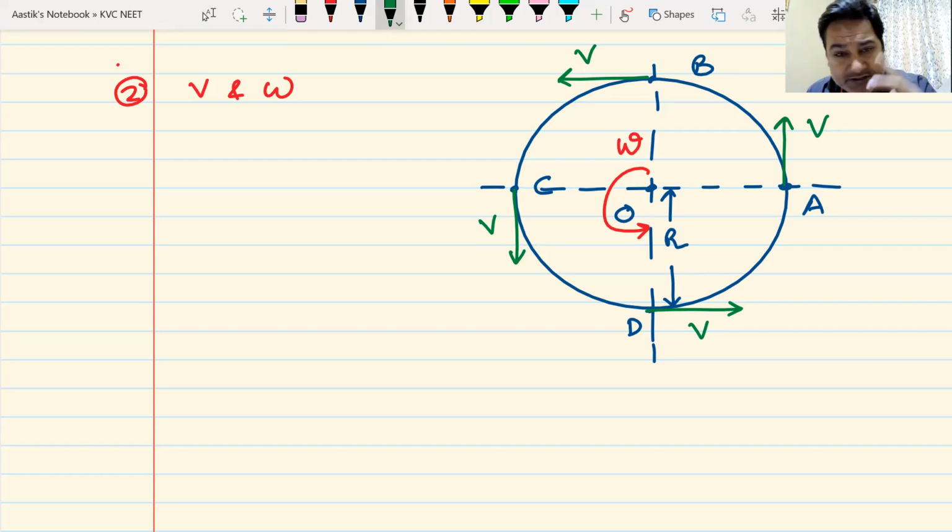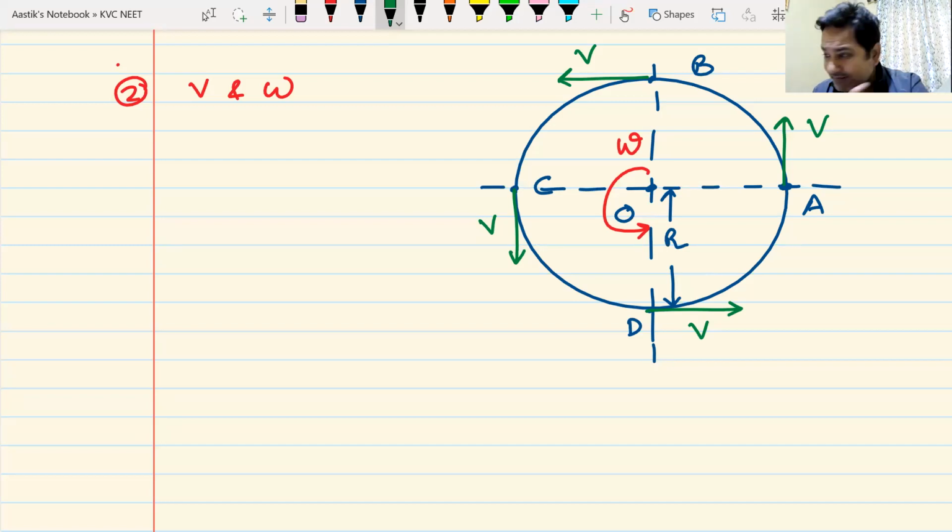So whenever a particle is moving on whatever path, whether it's a circular path, a straight line path, or a zigzag path, it is always moving at some point around a circle. That circle has a center, known as center of curvature, and that radius is known as radius of curvature.